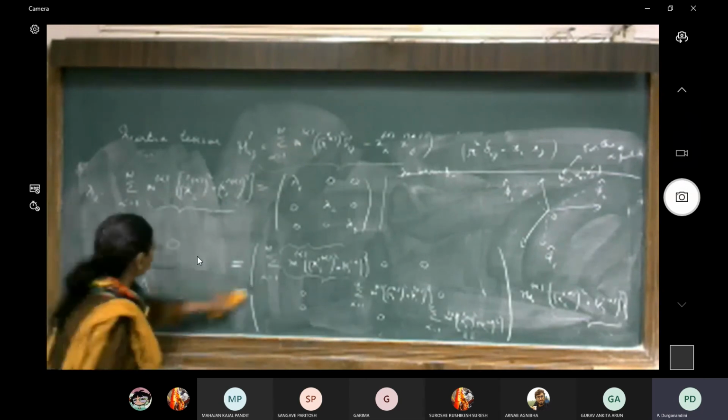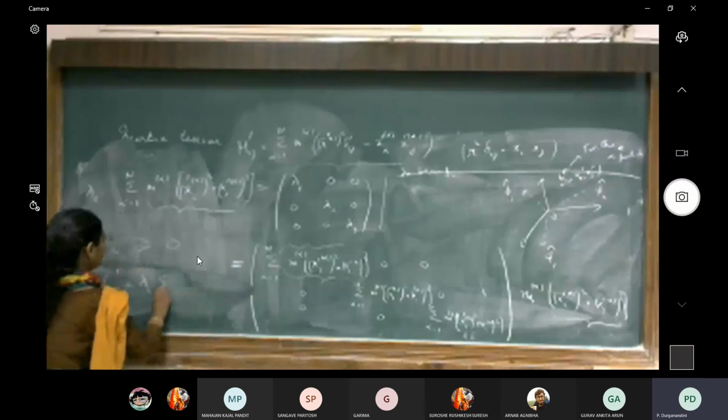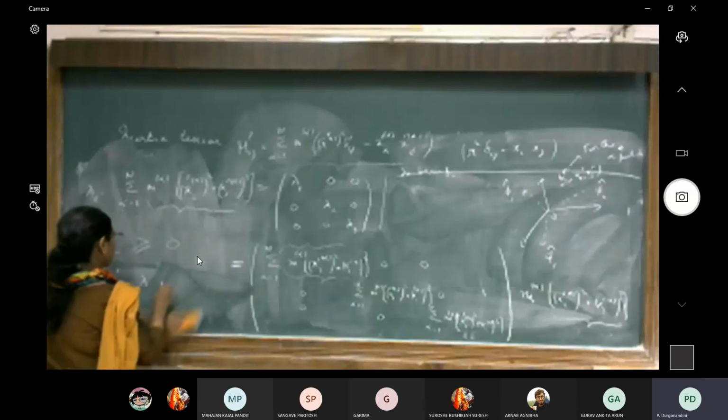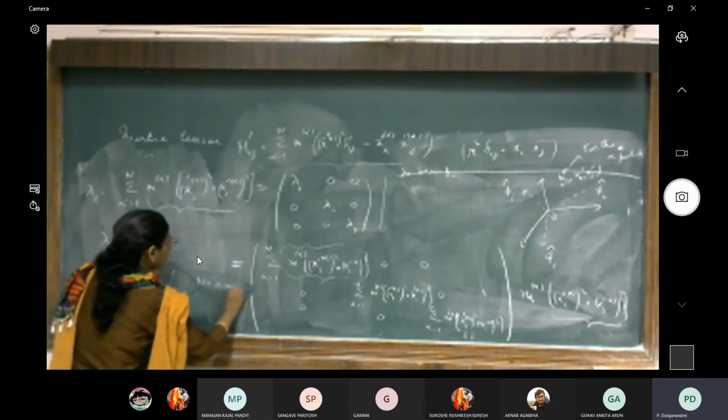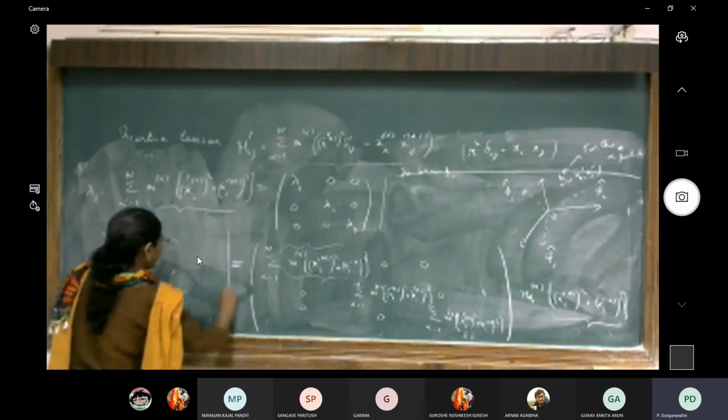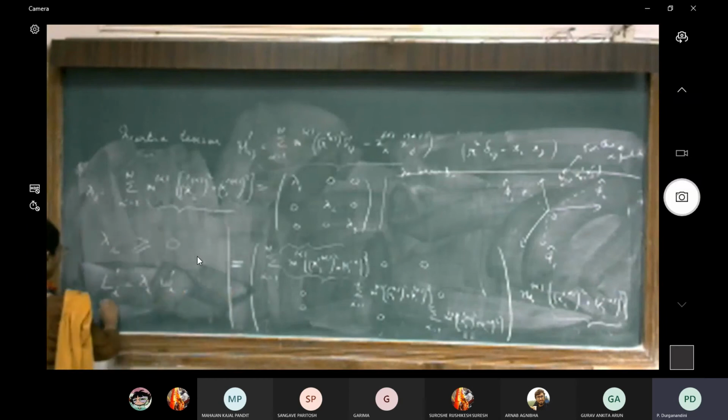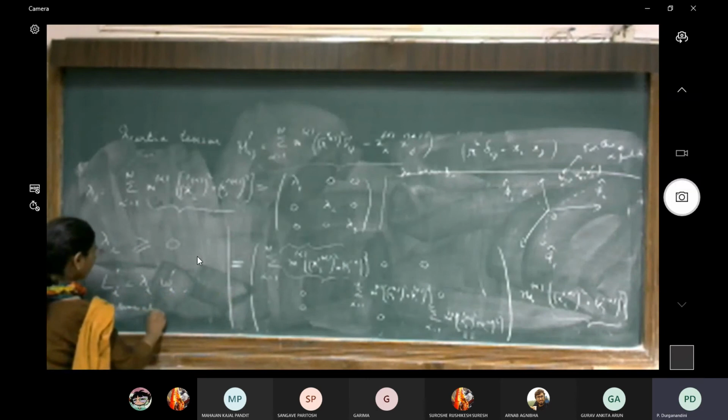Or if you like, I can write it in the column. So whenever I don't want any summation, I explicitly write like this, because this gives an idea that you're doing a summation, but I don't want to give you that idea. So this is no summation.